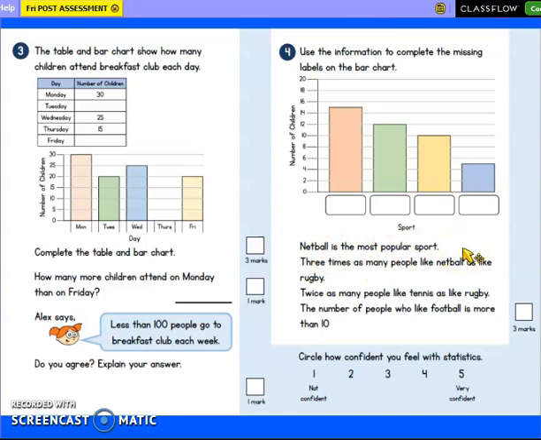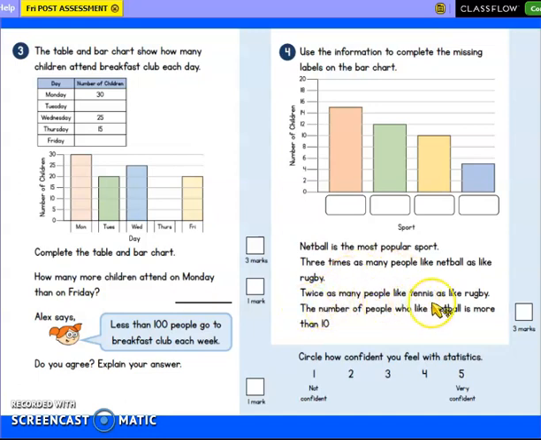Pause the video and write it under the correct bar. Let's move on. 3 times as many people like netball as like rugby. So which bar will be represented by rugby? It will be 3 times less, won't it? Pause the video and write it on.